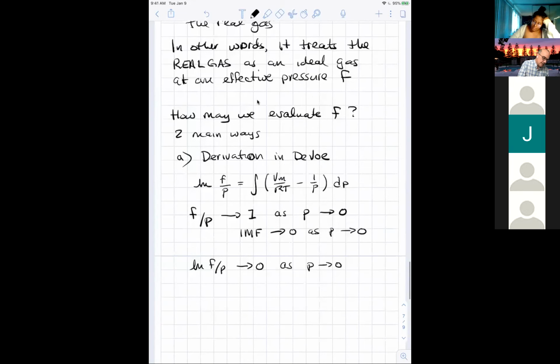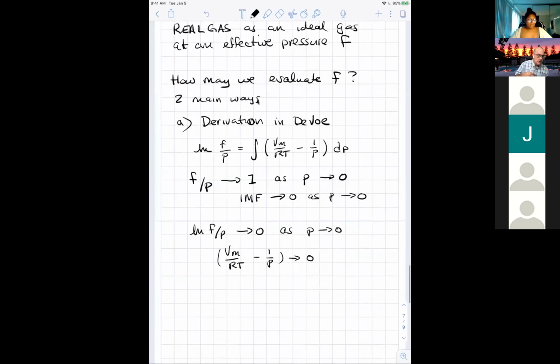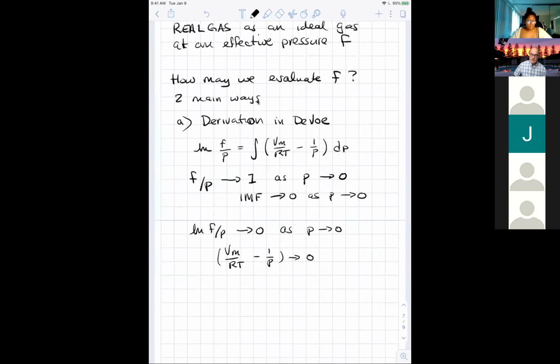And another way to say this is that the difference between Vm over RT minus 1 over P also goes to 0, because these two things are the same thing in the ideal limit. So this is just a bunch of different ways to say the same thing, and whichever way, the more mathematical way or the more physical way, which is really this last thing I wrote down, is okay.